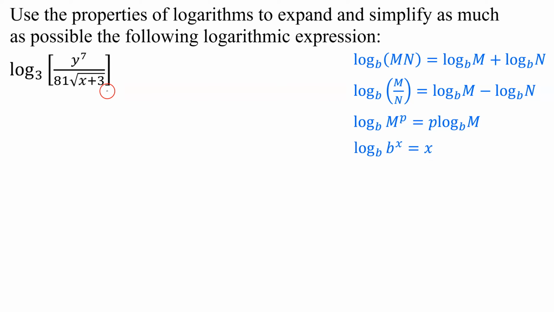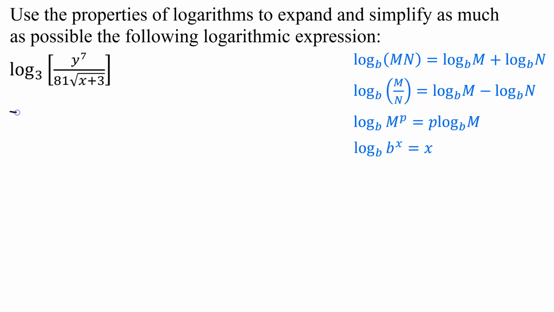And looking at my expression, the first thing I need to do is deal with this division or quotient. I'm going to use the quotient rule, which says log to the base b of a quotient or a division equals log to the base b of the numerator minus log to the base b of the denominator.